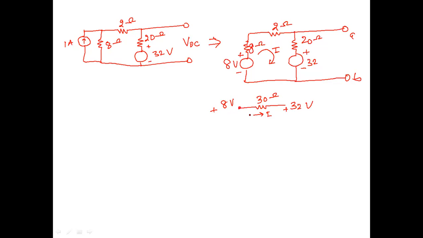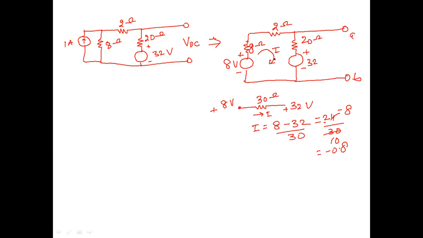So the direction of current, if you write like this, I will be equal to 8 minus 32 divided by 30. So it will be equal to 8 minus 32, means 24, minus 24 divided by 30, and it will be minus 0.8.